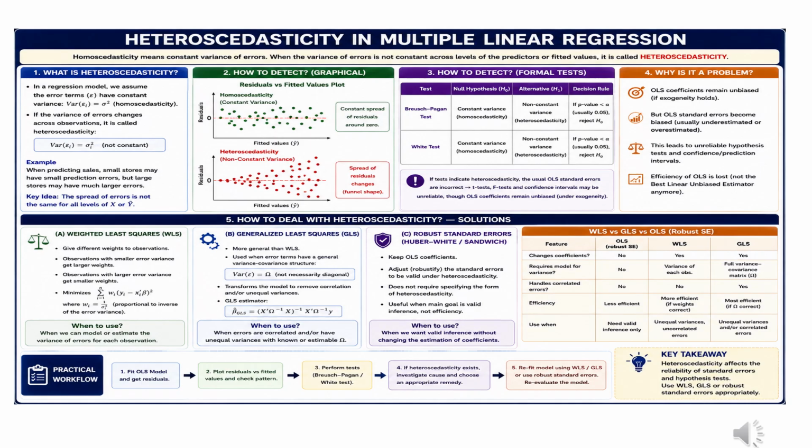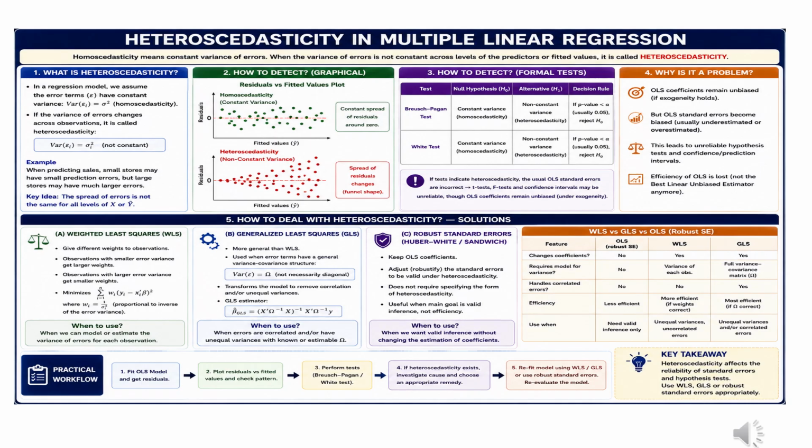GLS is more general. It can account for a broader variance-covariance structure of the errors, including unequal variances and correlations among errors. And if our main objective is valid statistical inference rather than changing the coefficient estimates, we can use heteroscedasticity robust standard errors, also known as Huber-White or sandwich standard errors.